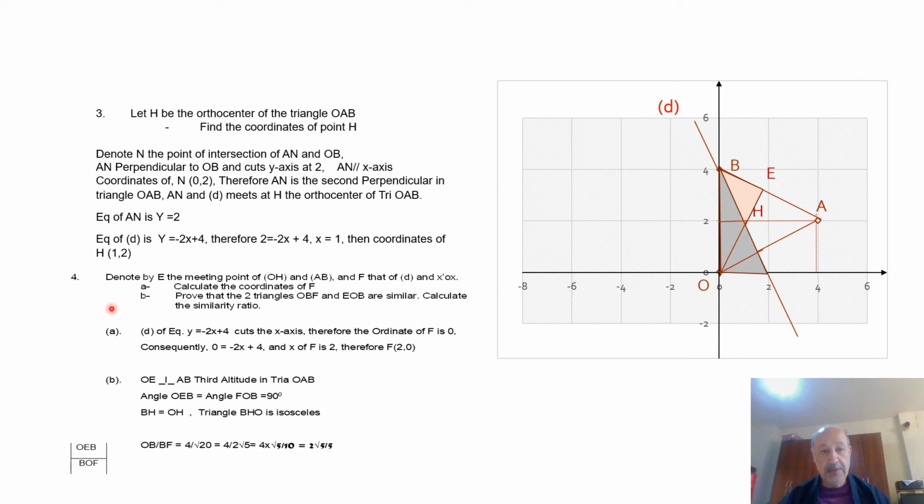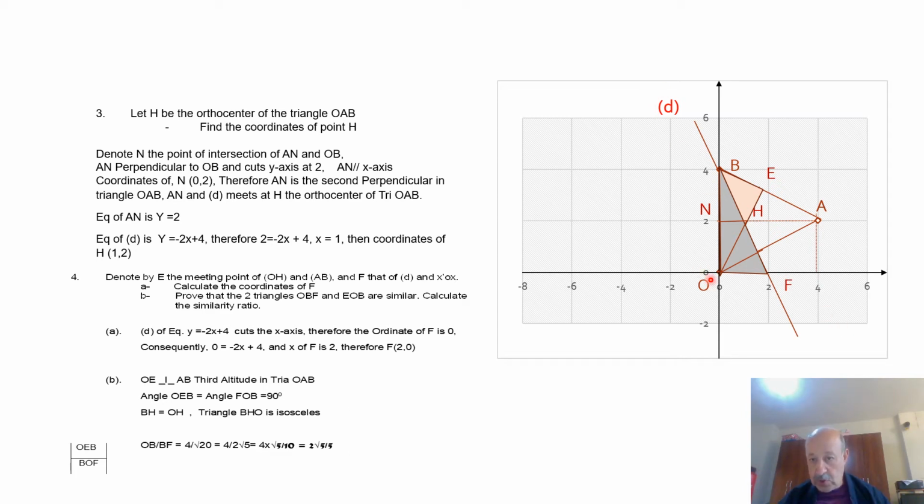Hence, let's go to question number 4. They're saying denote by E the meeting point of OH and AB, and F is the point where line D intersects the x-axis. So this is F. Calculate the coordinates of F. How to calculate the coordinates of F?